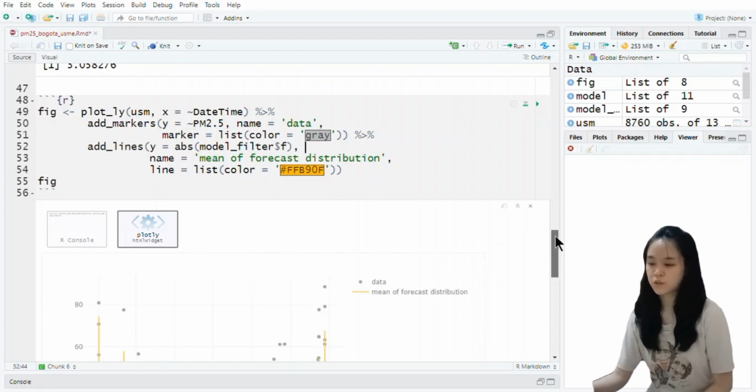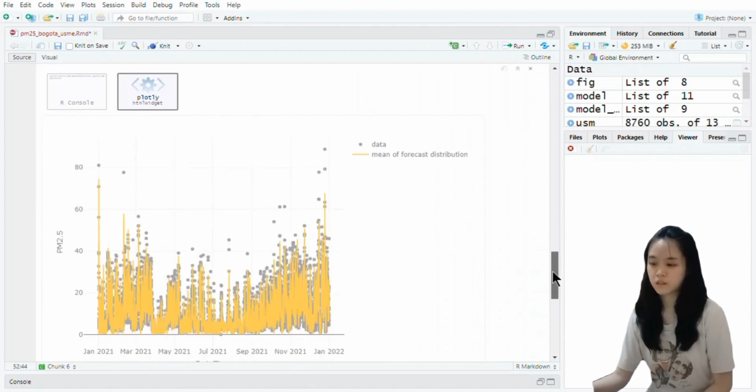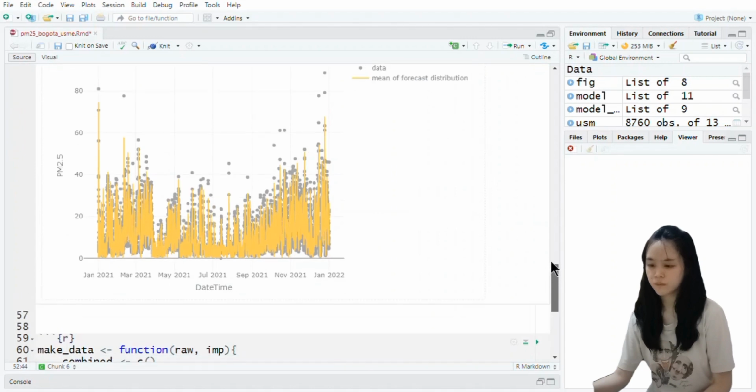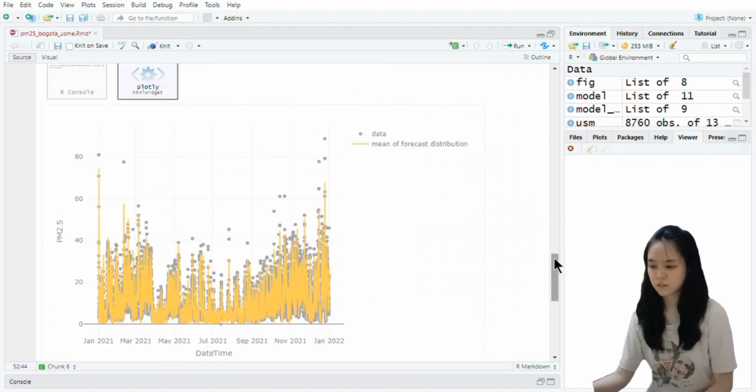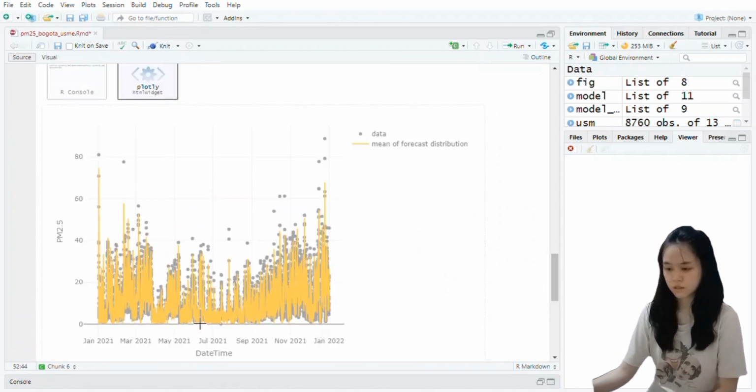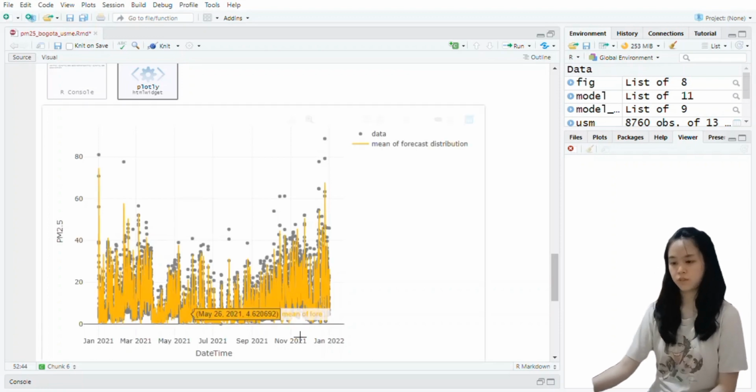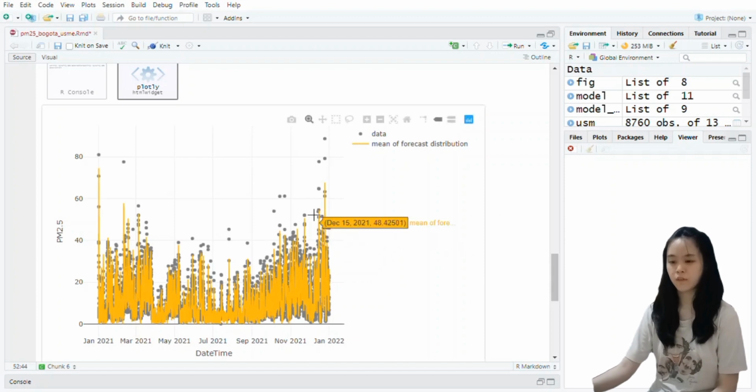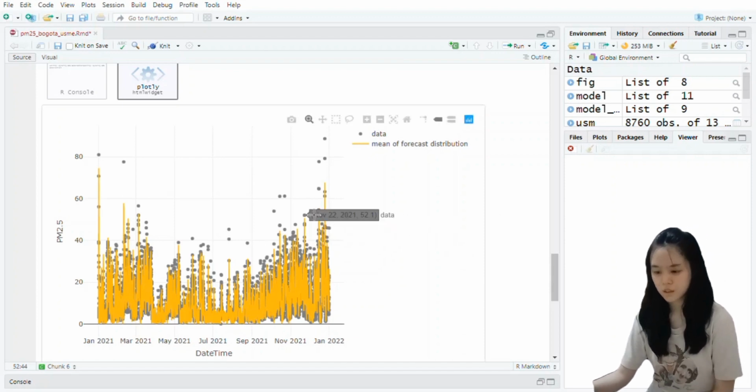We want the values to be making sense, right?